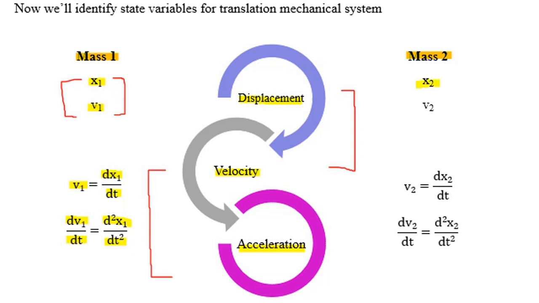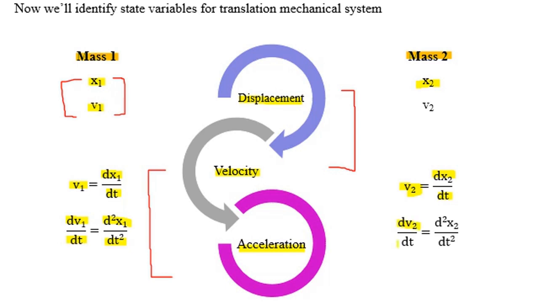Now for m2, its displacement will be represented by x2 and its derivative, dx2 over dt, will represent velocity. For velocity, we will also use variable v2. So v2 equals rate of change of x2.